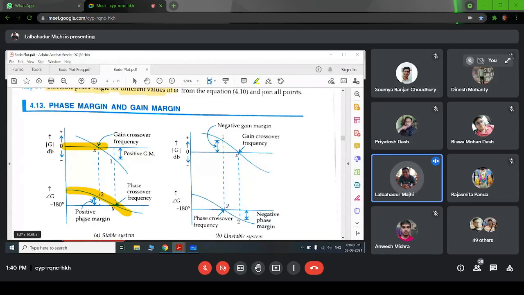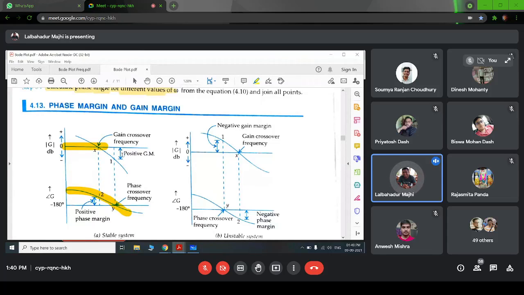Similarly, the gain margin is the additional gain at the phase crossover frequency that is required to make the system unstable. The phase margin is the additional phase lag at the gain crossover frequency that is required to make our system unstable.